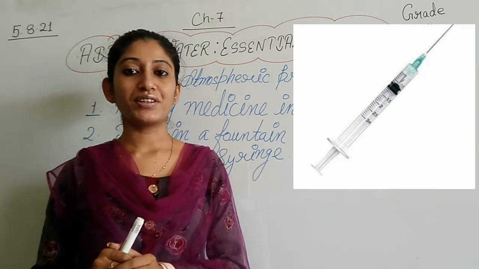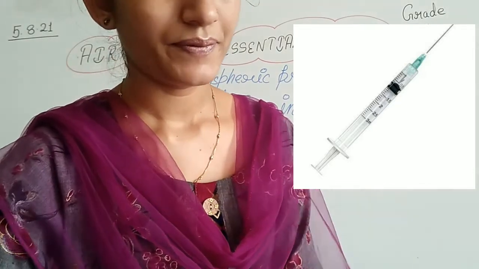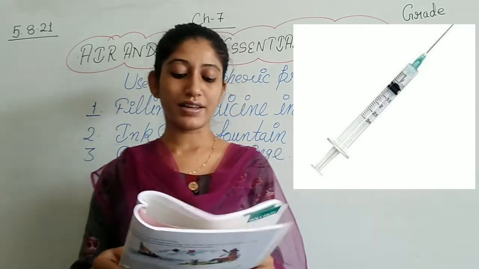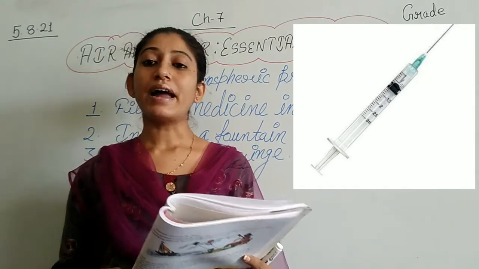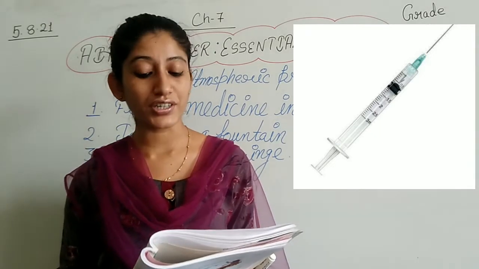Let's see what is given in your book. It is saying, filling medicine in a syringe. Doctors use syringes for injections. The medicine in the syringe is also filled due to air pressure.